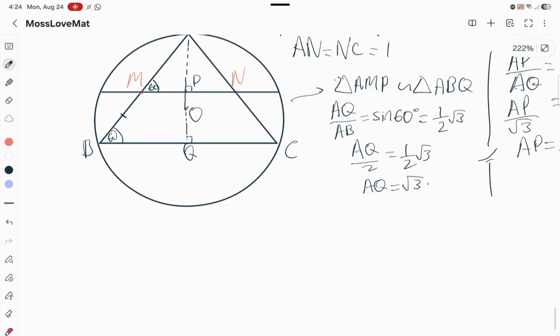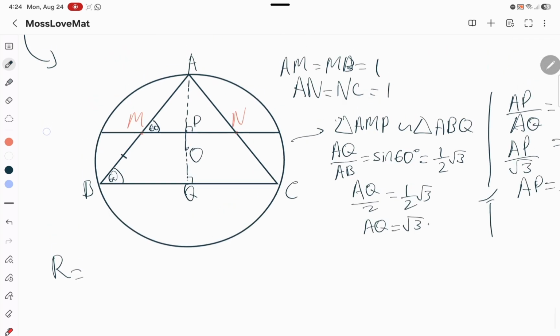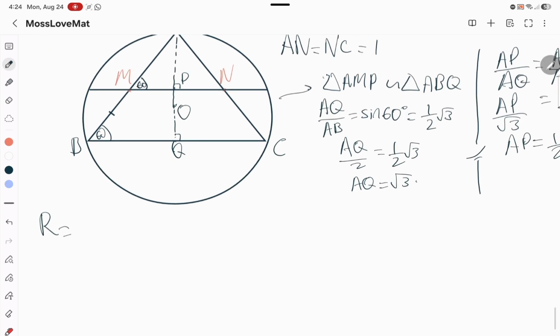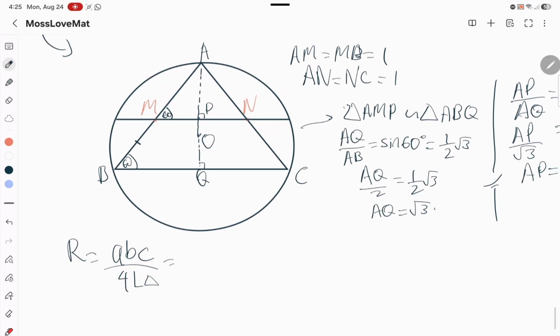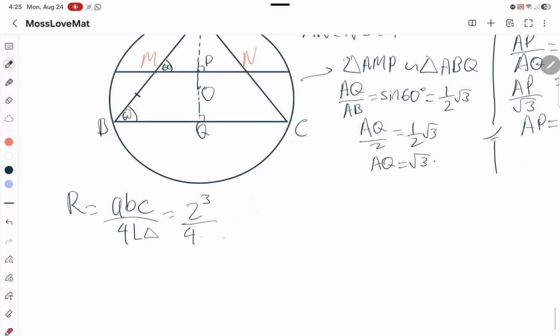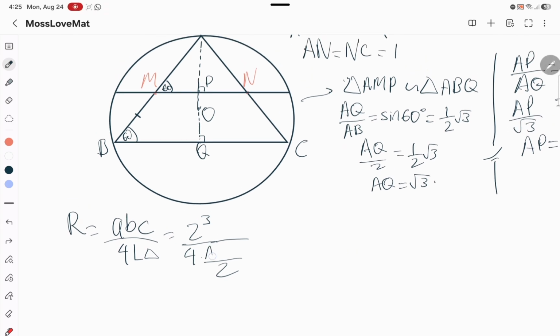Yeah, for now we need to compute the radius of the circle. We can use this formula. Radius is ABC over 4 times the area of the triangle. ABC is AB times BC times AC, so it is 2 to the 3 over 4 times AQ times BC over 2.